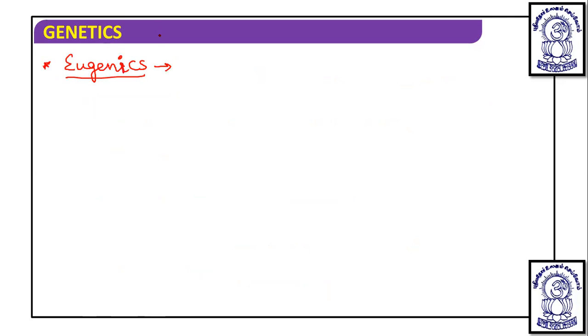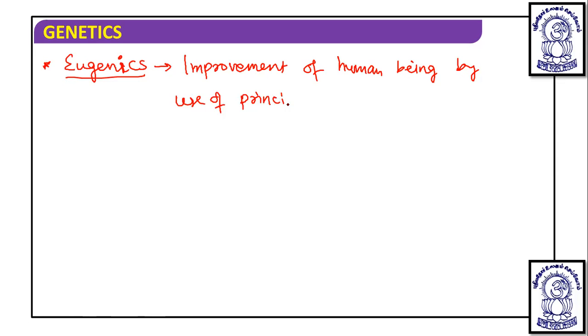Eugenics deals with the improvement of human beings by use of principles of inheritance. So by using the principles of inheritance or Mendelian principles, if we carry out this improvement, then it is known as eugenics.